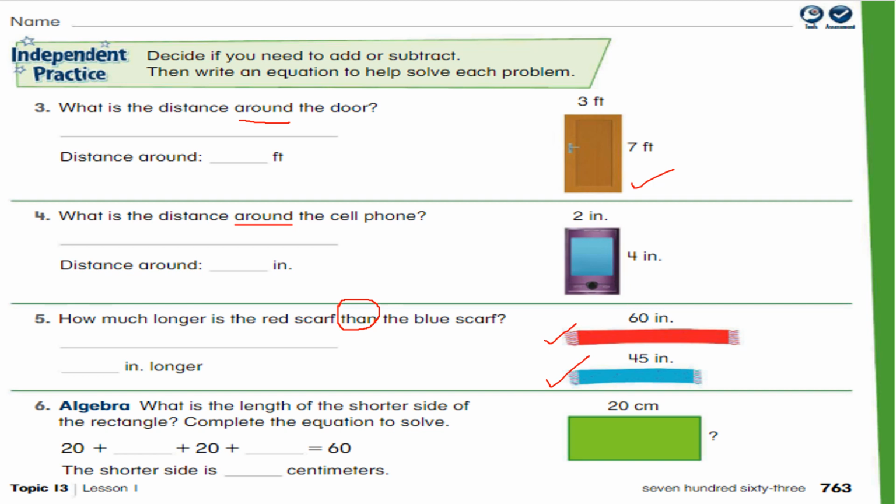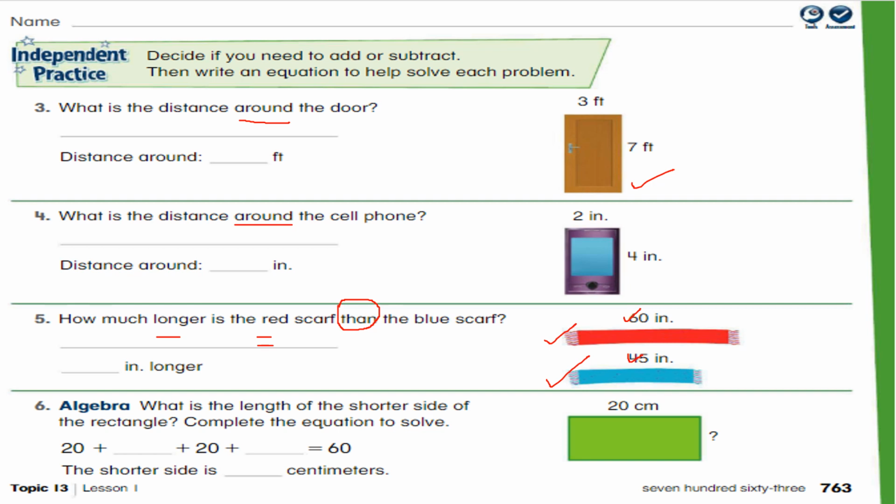Quickly, students, we add or subtract? Excellent. So we will do subtraction. 60 minus 45, and it will tell you that how longer the red scarf is than blue scarf. So you are going to do subtraction.